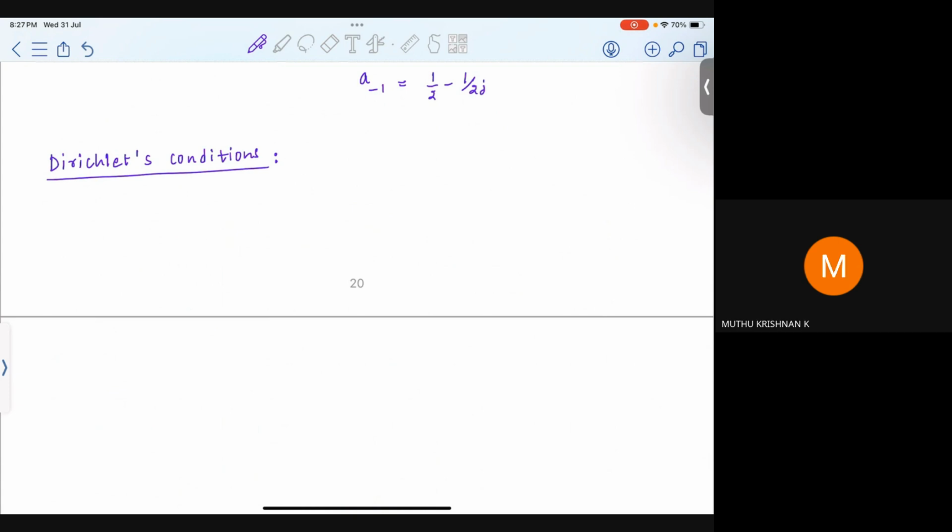Yes, correct. So it's not applicable. Parseval's theorem is given only for periodic signals. Only for periodic signals there is a Fourier series representation, and only when you have a Fourier series representation do you have Parseval's theorem.